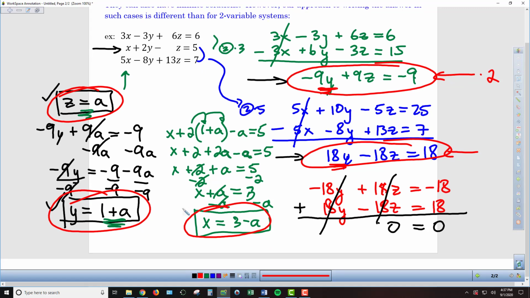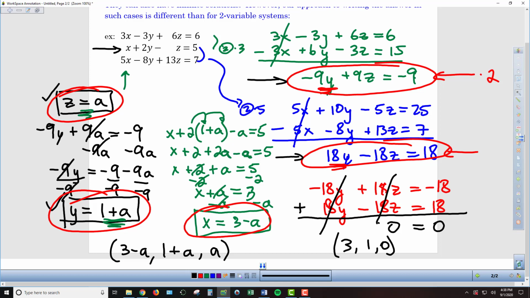So my final answer, the way we'll write it, is as an ordered triple using these three expressions. So I've got 3 minus a is x, 1 plus a is y, and then just regular old a is z. And so then I can plug in any number I want for a. So I could plug in 0, so that would mean that (3, 1, 0) would work in all three equations.